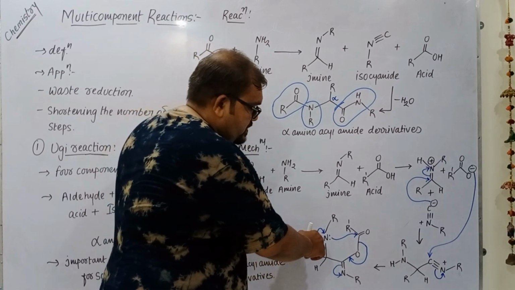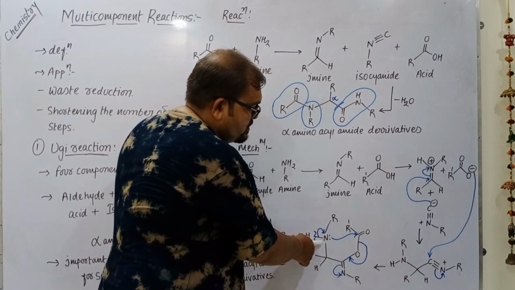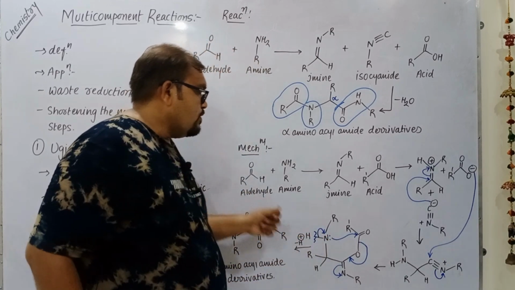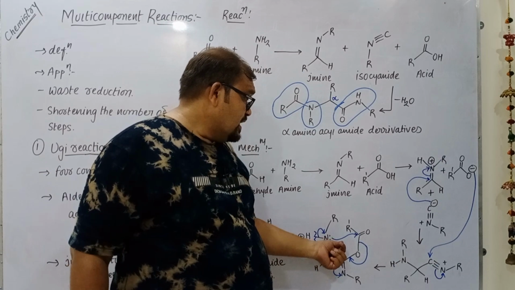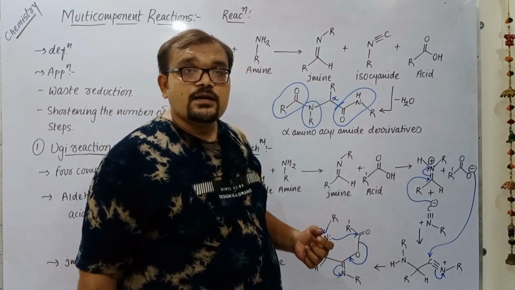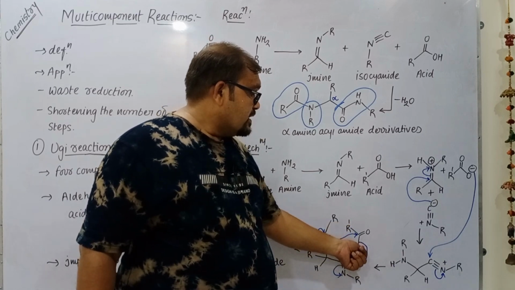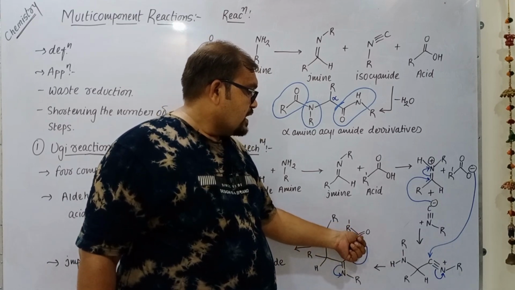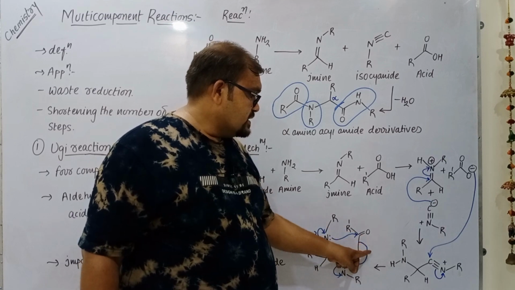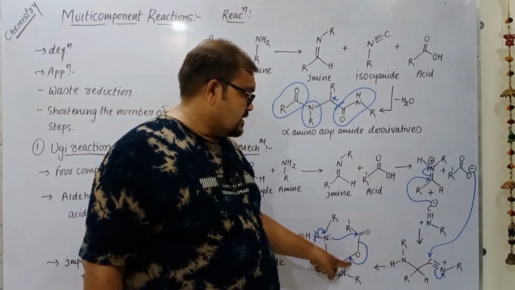So this bonding pair of electrons will be shifted over nitrogen here. The lone pair of nitrogen will attack the carbonyl carbon. As we know, the carbonyl carbon has partial positive charge, and this bonding pair between carbonyl carbon and oxygen is shifted between carbon and oxygen, this one, right?